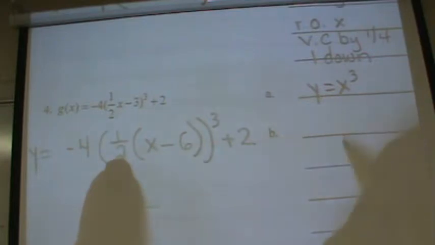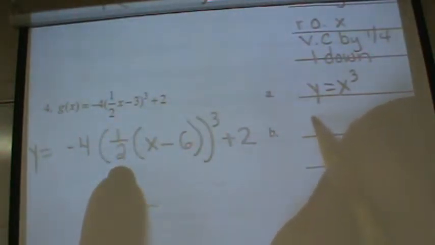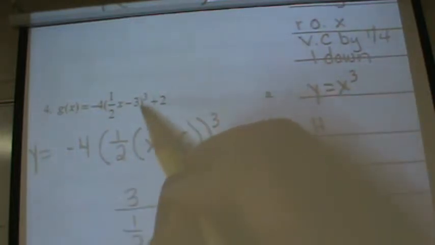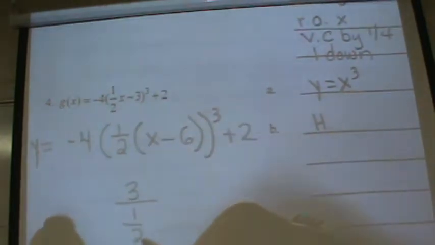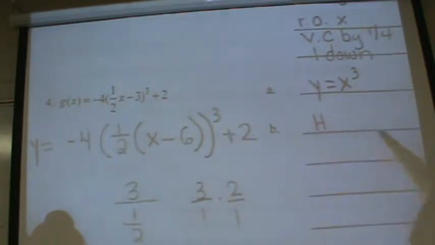Start here. Here's your a value. Flip it. If it's greater than 1, it's a stretch. So this is a horizontal stretch. How'd you get the 6 again? You take this number and divide by that number. So 3 divided by 1/2. You have to flip and multiply. Okay.